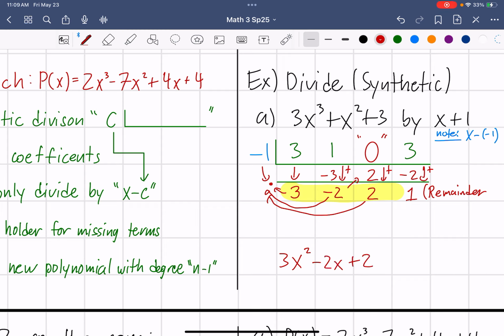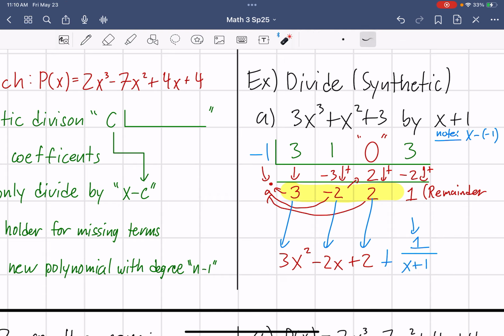And if you notice, I'm using the coefficients from here plus our remainder, which is just the 1. And it's still being divided by that x plus 1 since it didn't go all the way through.